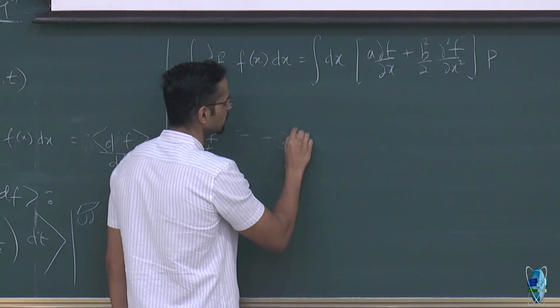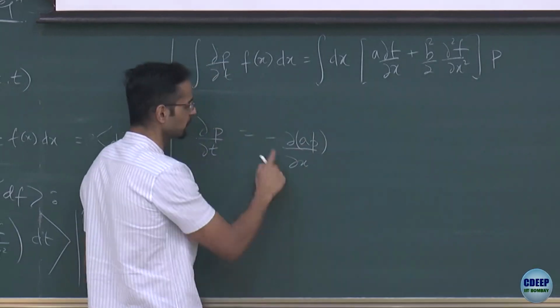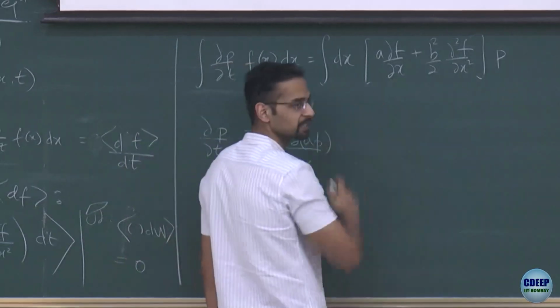The A will go inside when I do integration by parts, and the minus will survive because I need one integration by parts here.